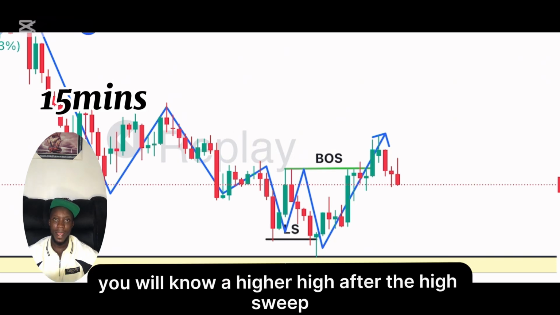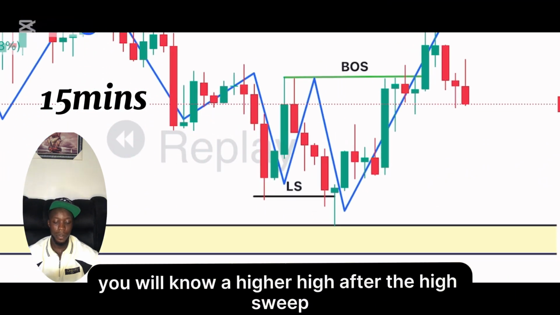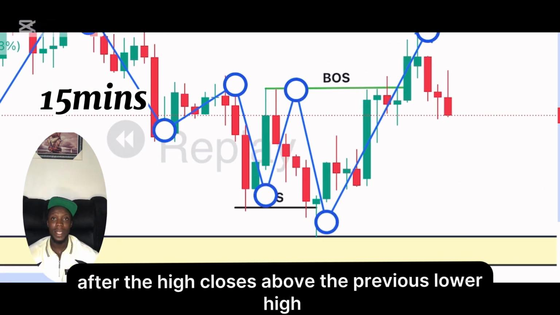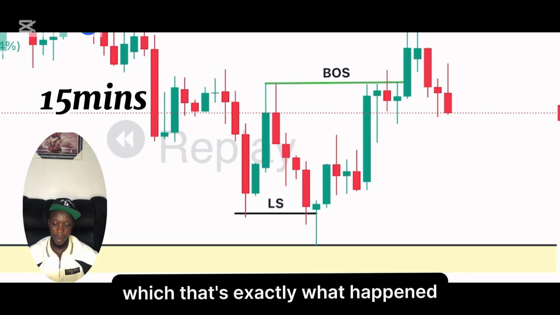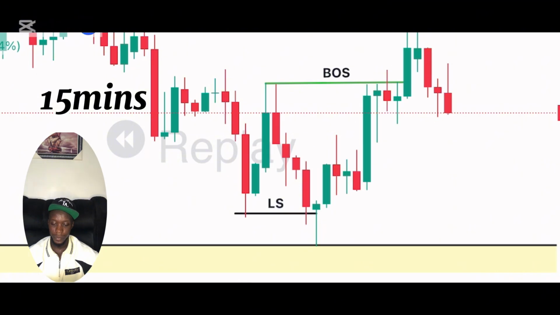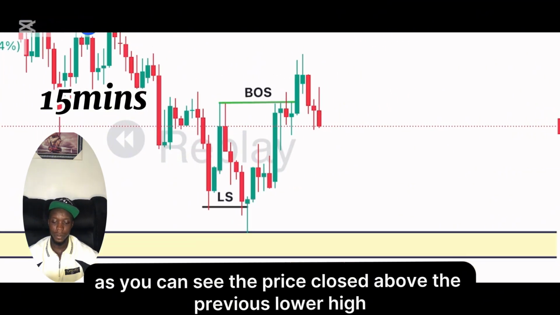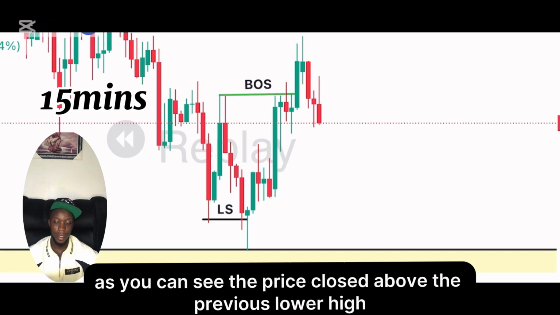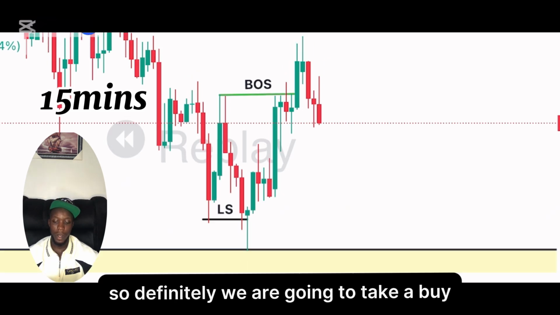You will know a higher high after the high sweep, after the high closes above the previous lower high, which is exactly what happened. That's why I called it a break of structure. The price closed above the previous lower high after a sweep of liquidity. So definitely we are going to take a buy.